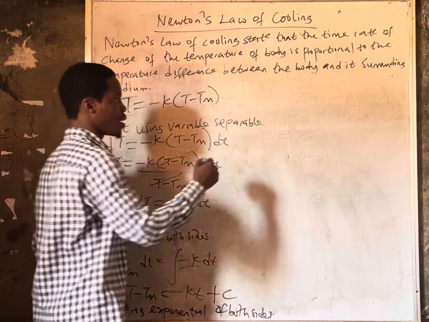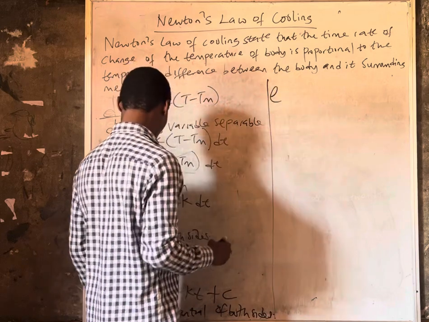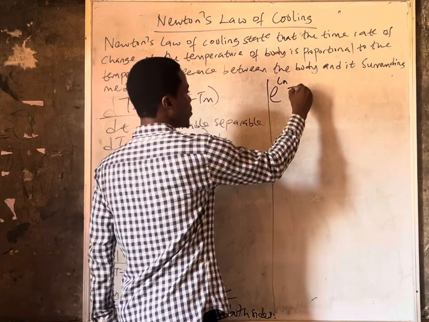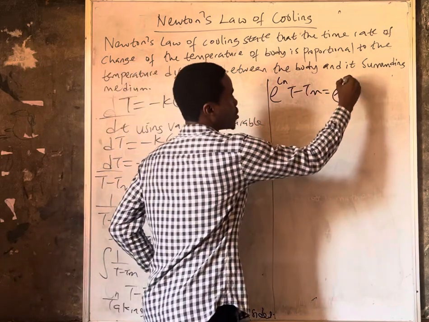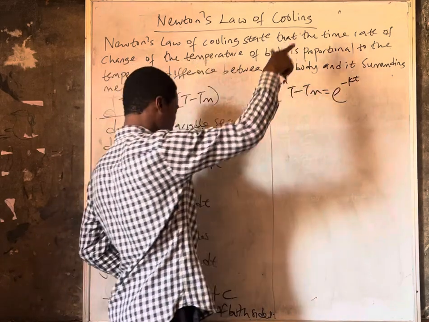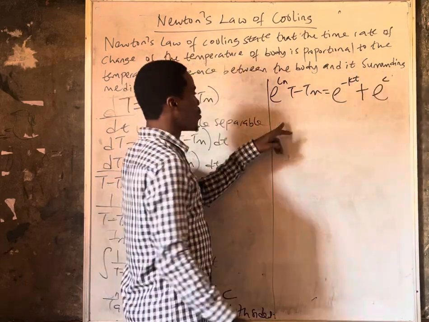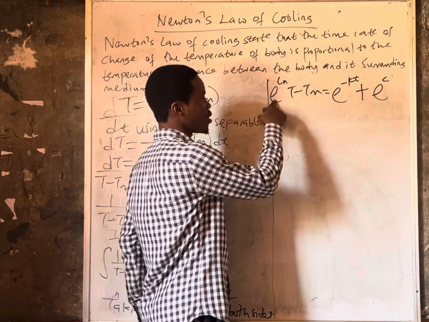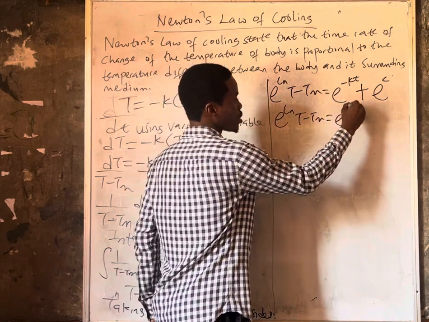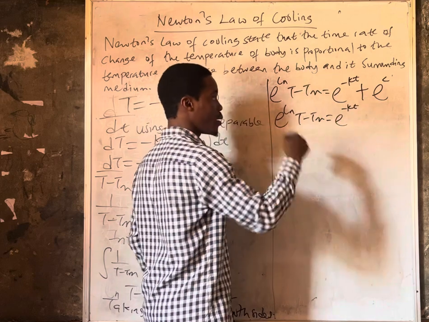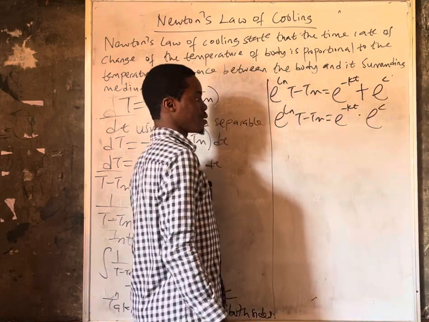If you take the exponential, we now have exponential of ln(T minus Tm) is equal to exponential of minus kt plus c. Exponential will be raised to the power minus kt plus exponential c. So from here, since we have exponential ln, we can write this one as this, by the law of indices.